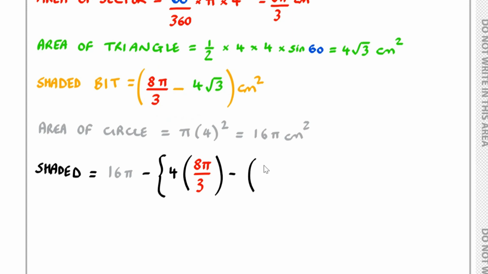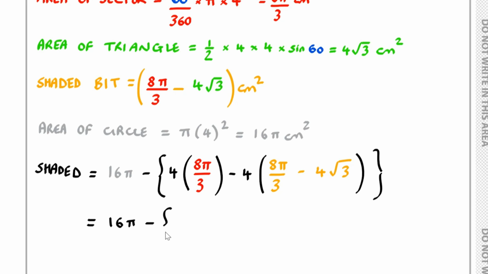So I have 4 multiplied by 8 pi over 3 subtract 4 root 3. So this is what the shaded area is equal to.